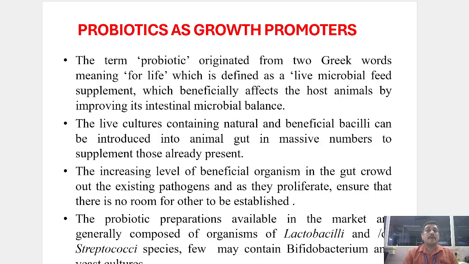So, what are the types of microorganisms that are used as probiotics? We can classify that into three types. One, lactic acid producing bacteria, bifidobacteria, and yeast and bacilli. And these common probiotics are going to act as growth inducing factors.